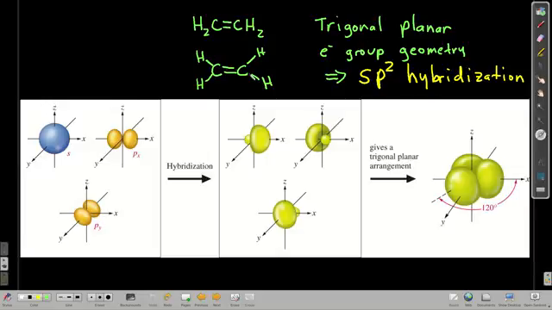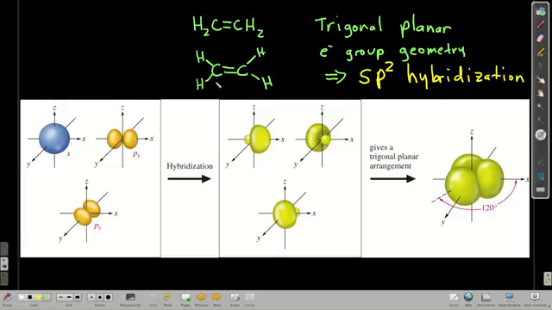Anyway, it ends up when the electron group geometry about an atom is trigonal planar, it has to be what we call sp2 hybridized in hybridization theory. For example, in ethylene here, in this carbon here, there's 1, 2, 3 electron groups. Remember, a double bond counts as 1 electron group.